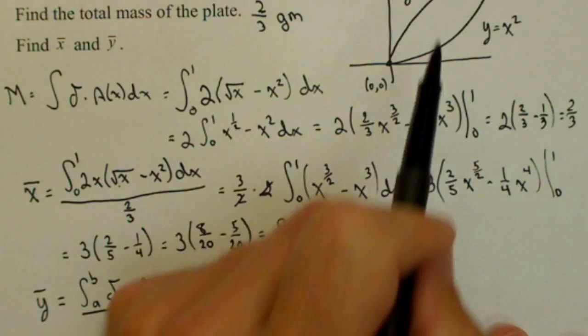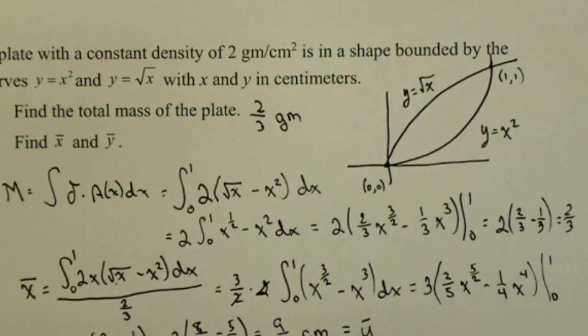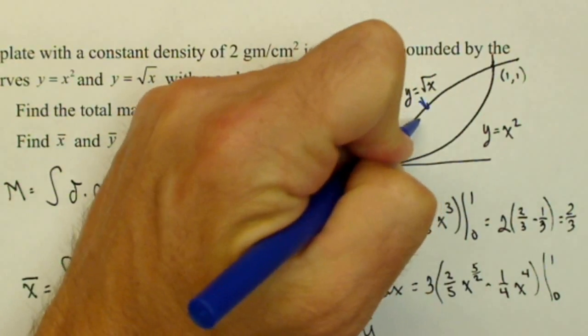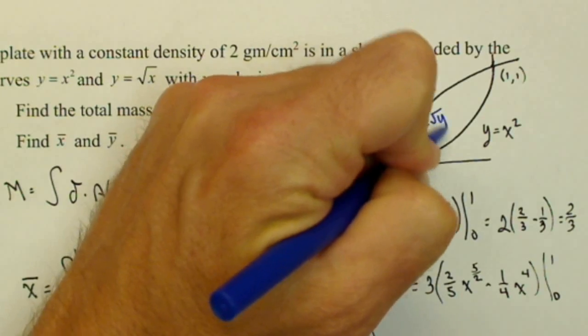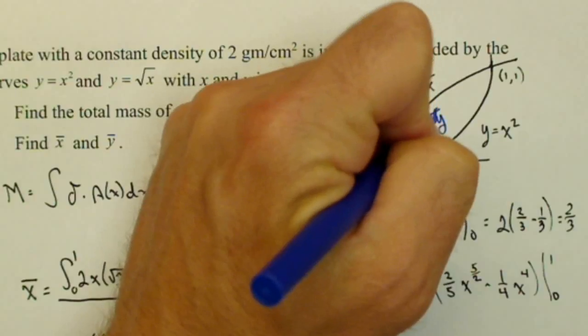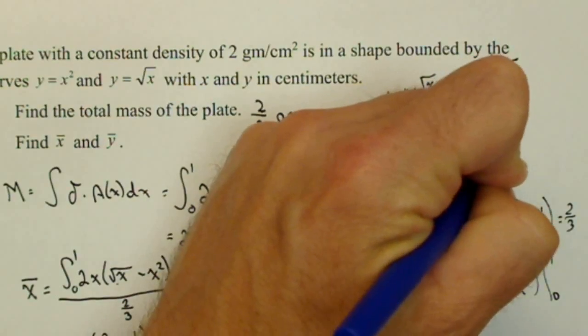Now what you'll see is to do the area in terms of y, you need to solve your two equations for x. Well, if we do that, this one is going to give us x equals y squared. This one will give us x equals square root of y.